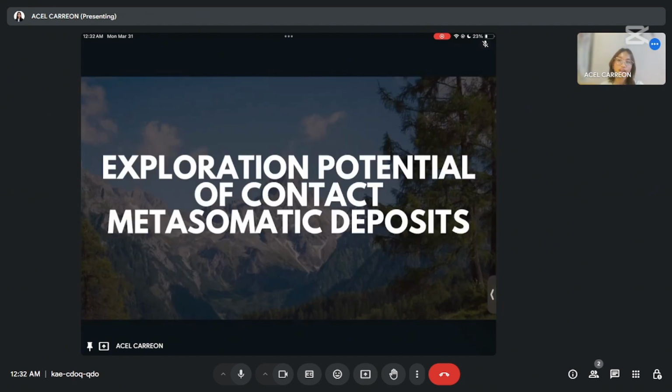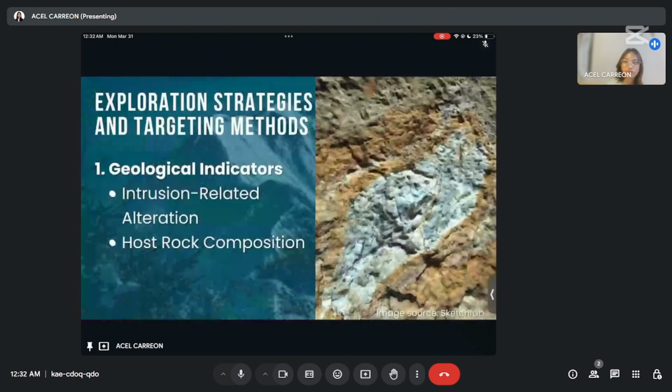For the exploration potential of contact metasomatic deposits, we can use geological indicators like alteration-related indicators, where we can map prograde or retrograde skarn minerals like garnet, pyroxene, and epidote as indicators of mineralization. We can also look for the host rock composition, where carbonate rocks adjacent to granitic intrusions will be our primary targets for skarn and tactite deposits.